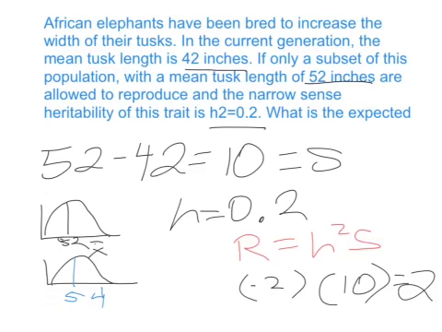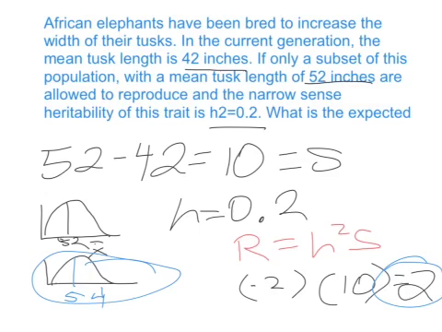And why did we have 54? As we have discovered, R is equal to 2. We would add 2 to the average population, and that will give us the expected tusk length in the offspring generation.